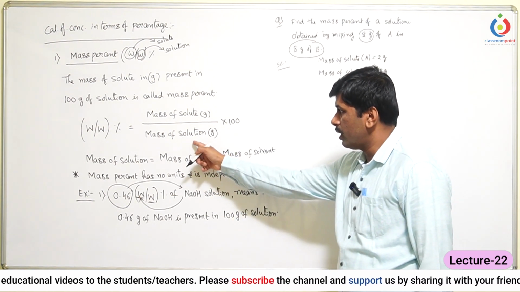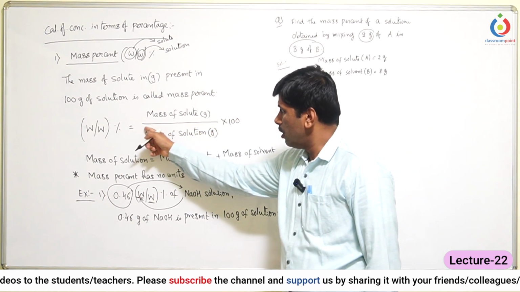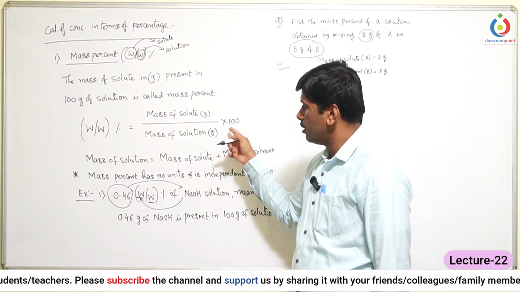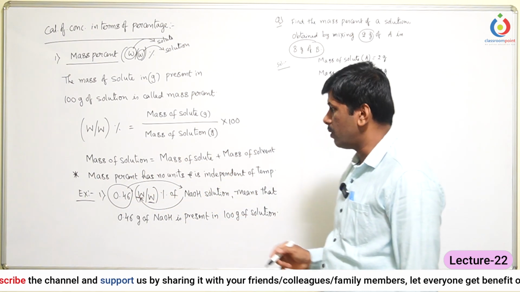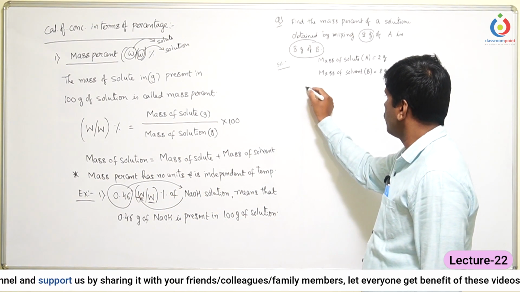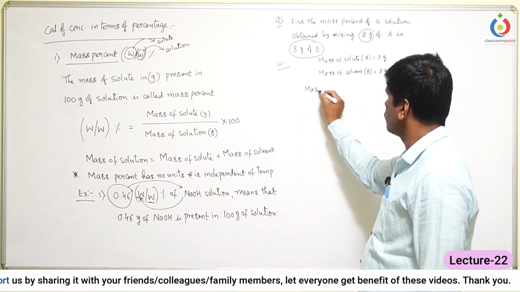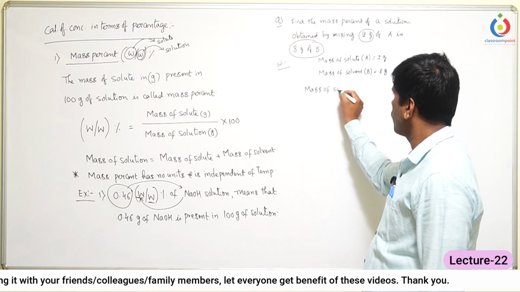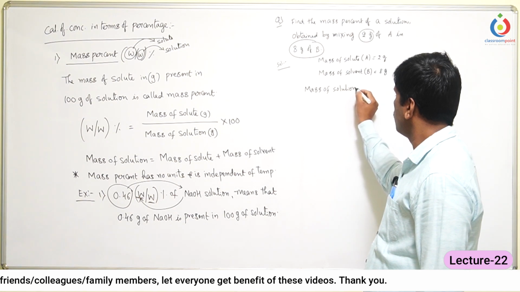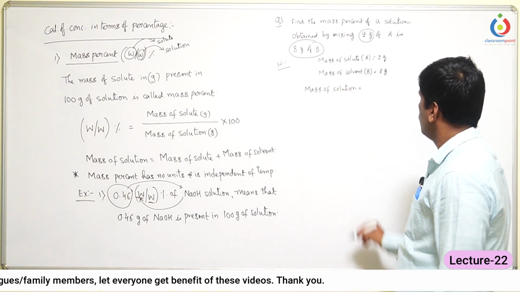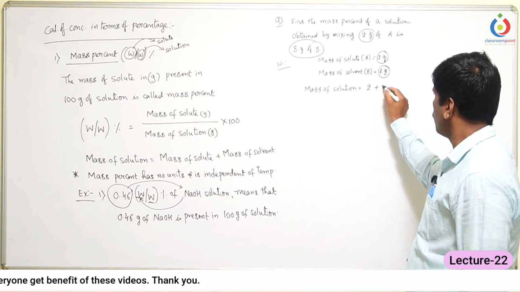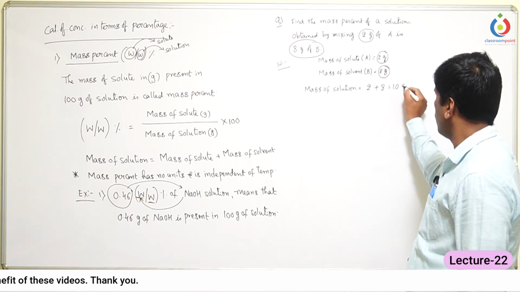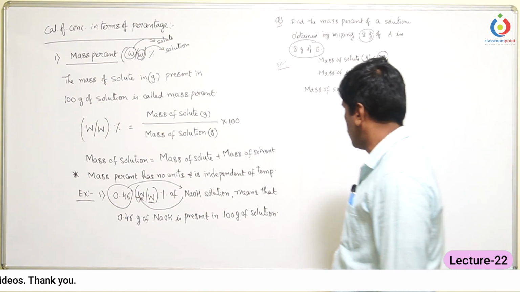But according to the definition, we have to take the mass of the solution. So mass of solution equals mass of solute plus mass of solvent, which is 2 grams plus 8 grams, equal to 10 grams.